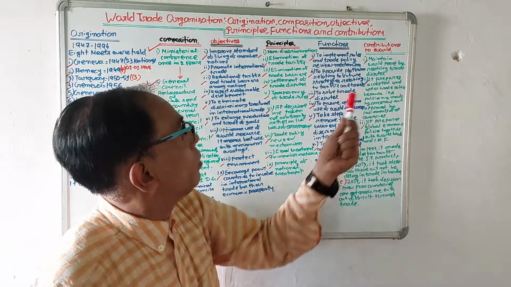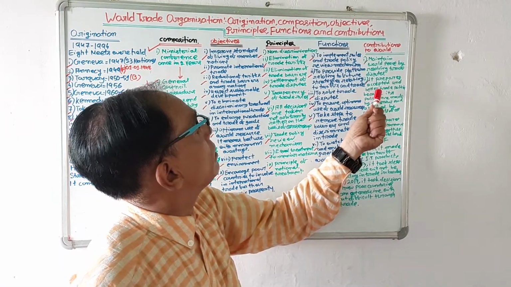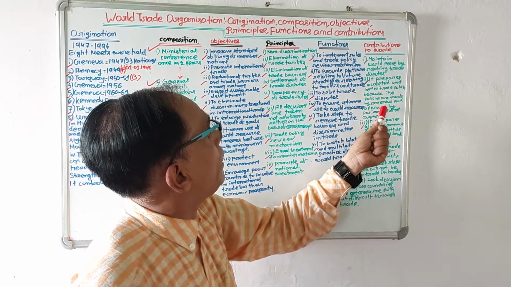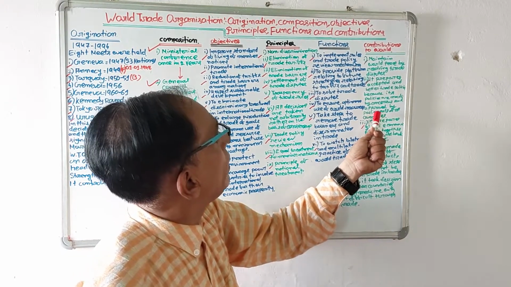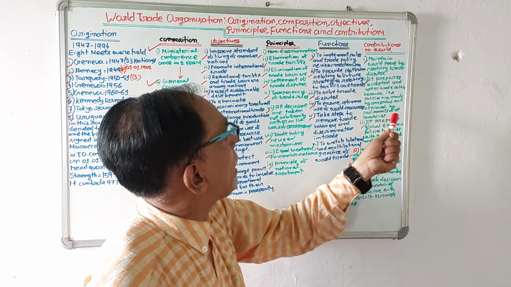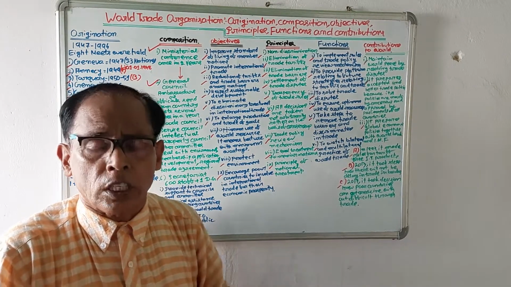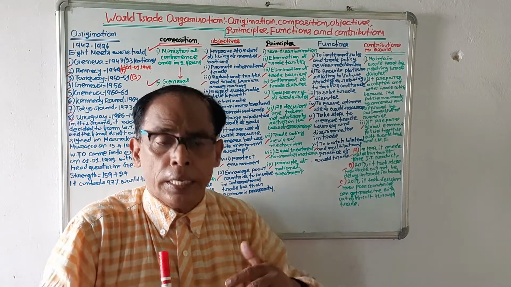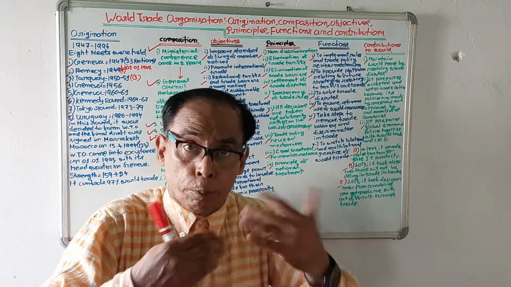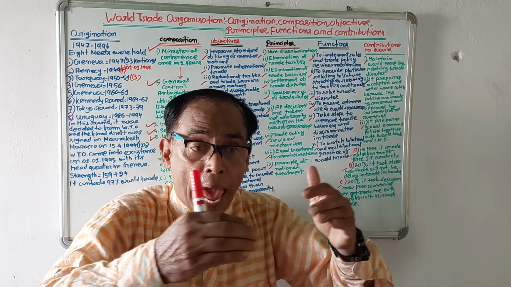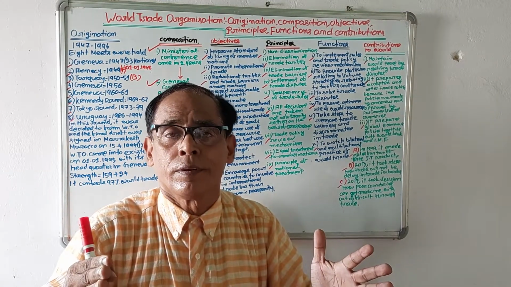Number 2, it prepares accepted and better trade policy because its policies are made by consensus and approved by the parliament of all countries. Another contribution of World Trade Organization is that it has provided all accepted trade policies.